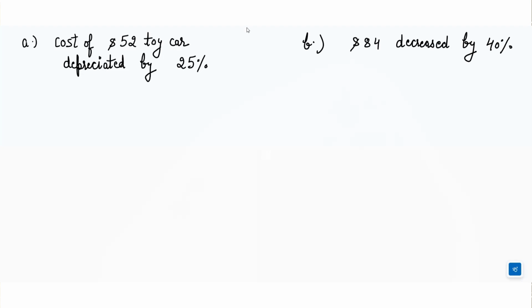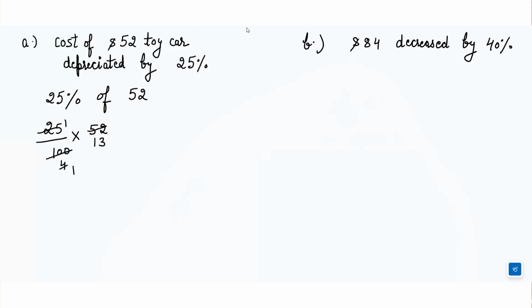Similarly, the question can be about finding the value after depreciation or after decreasing by some percentage. So let's understand that depreciation also means decreased by. First of all, we have to find out what is 25% of $52. So 25% can be written as 25 over 100 into 52. One way is you can first multiply 25 with 52 and then simplify. The other way around is we simplify over here only. 25 ones are 25, 25 fours are 100, then 4 ones are 4 and 13 fours are 52.